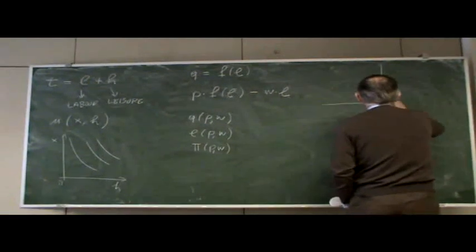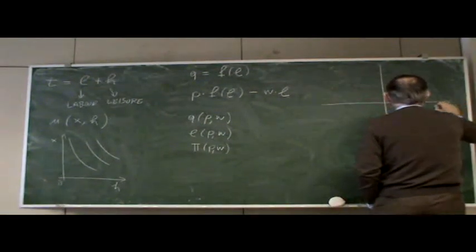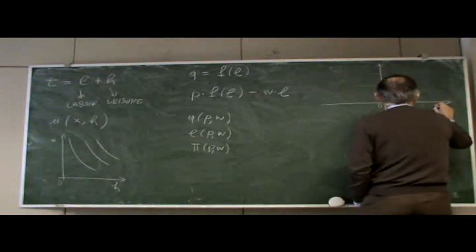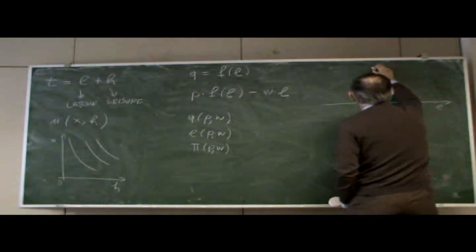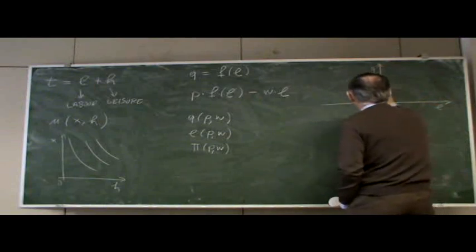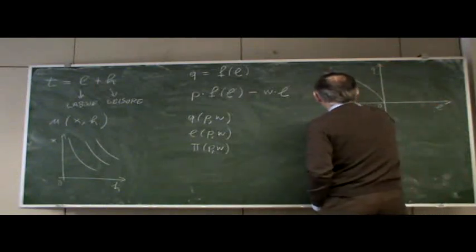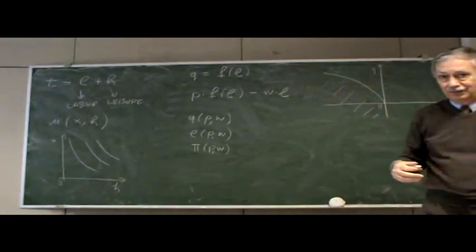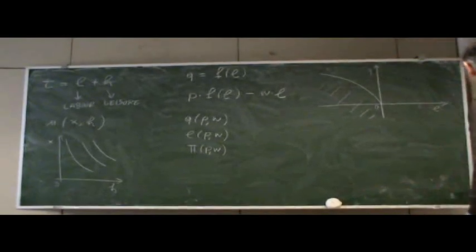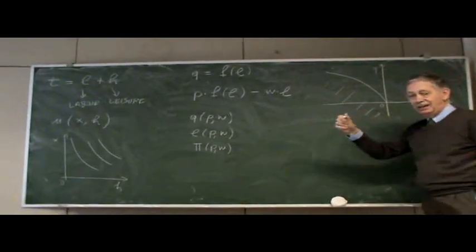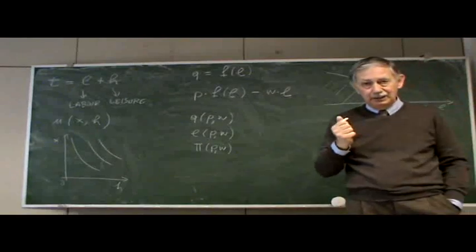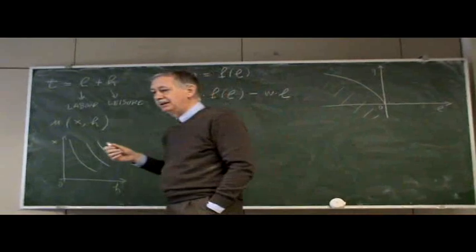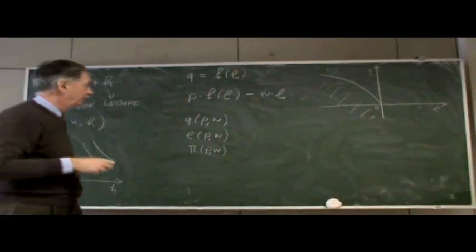Remembering what Salvador told you in the second part of the course, here there is L, here there is Q. This is the production set of a firm. You remember the usual convention: the employed quantities of factors are denoted by negative numbers, while the quantity of product is denoted by a positive quantity.